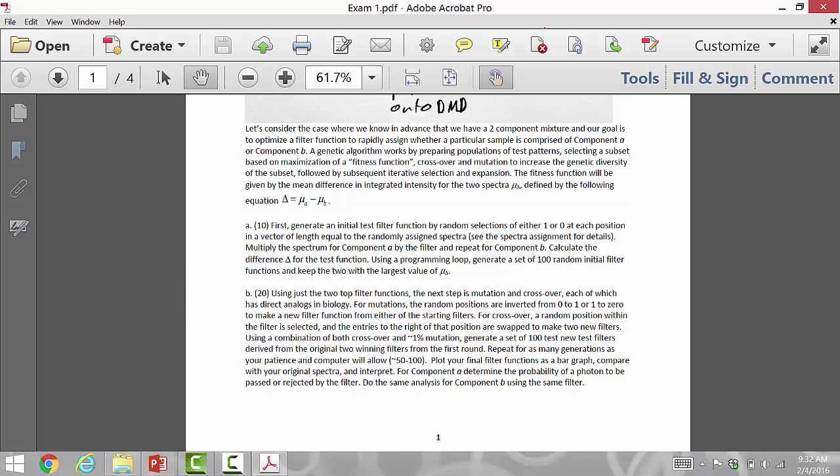And then you repeat this for many generations until everything gives a nice resolving power. Make sense?